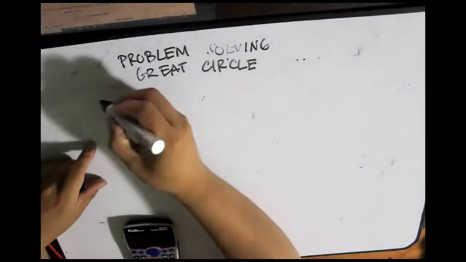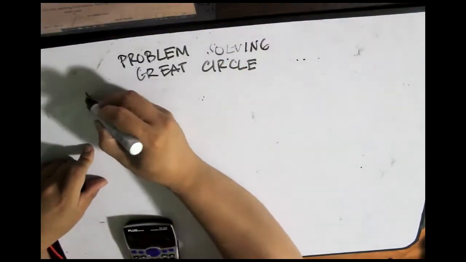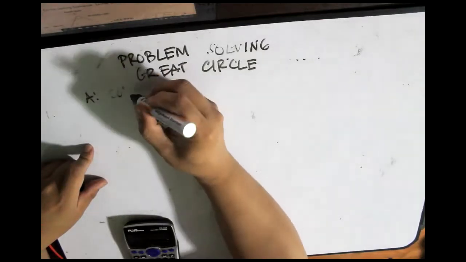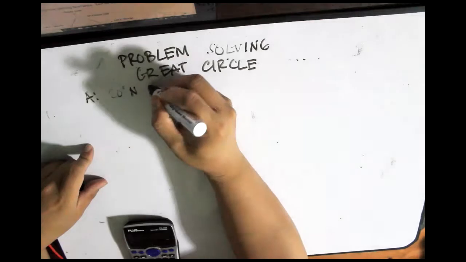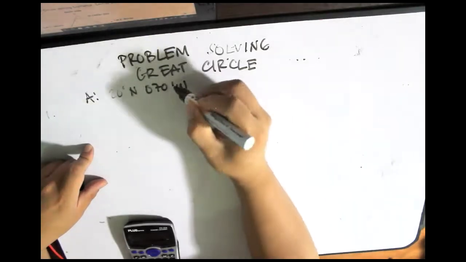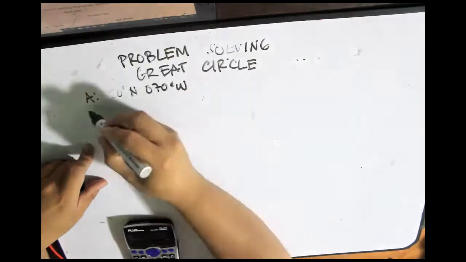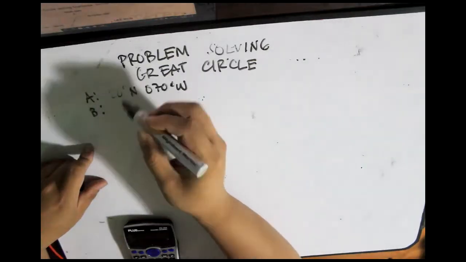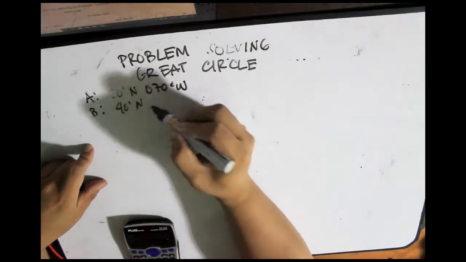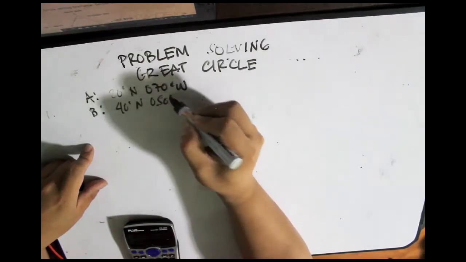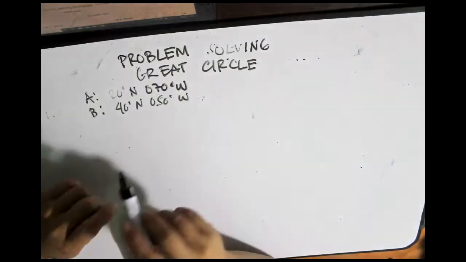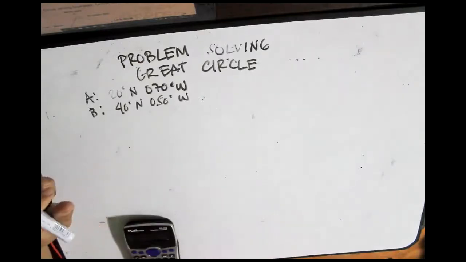So, from A, point A is 20 degrees west. From B will be 40 degrees north, 050 degrees west. Okay, so this will be our example ng problem solving.